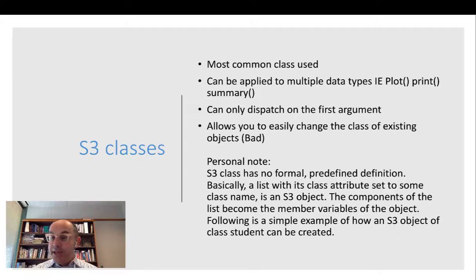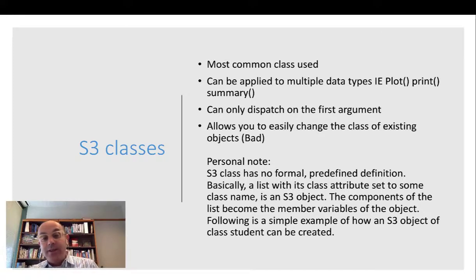On a personal note, I like to say that the S3 class has no formal or predefined definition. Basically, it's a list with a class attribute set to some class name, and this is how the components of the list become member variables of the object.